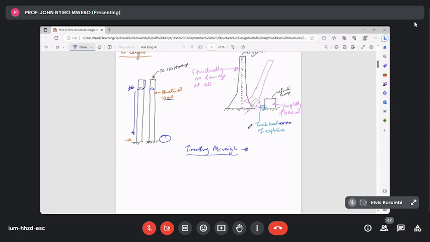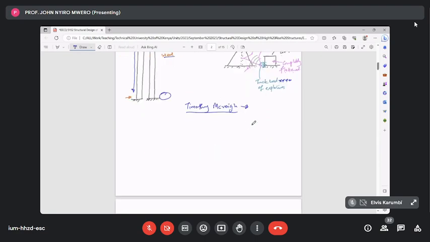So we want to ask ourselves, and maybe try to answer in this unit: what makes these tall buildings that strong? I'll write that as a question, and then we will try to answer it.